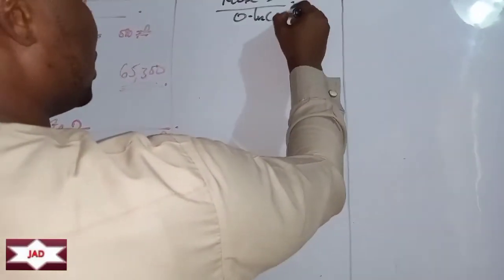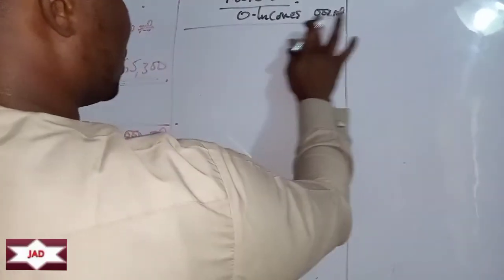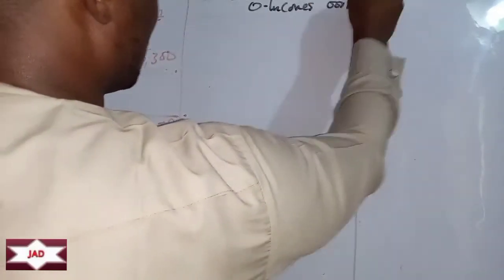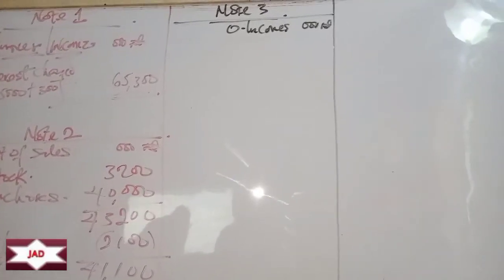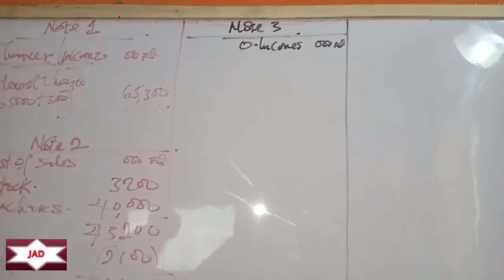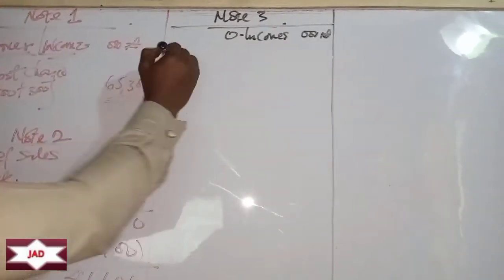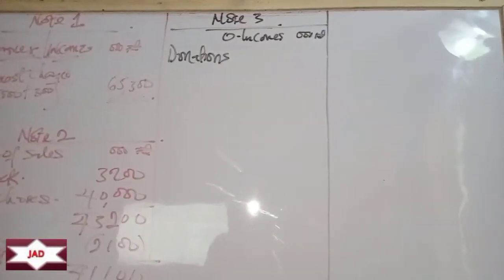Let's call that note 3, other incomes. So what are the other incomes in the question?